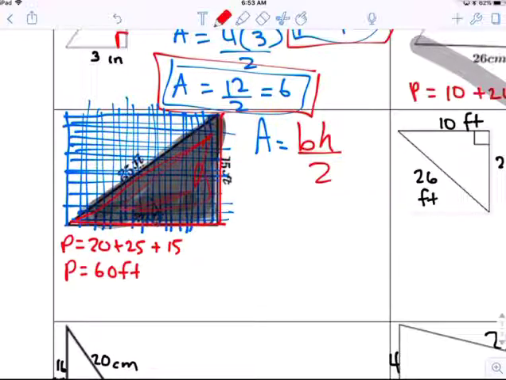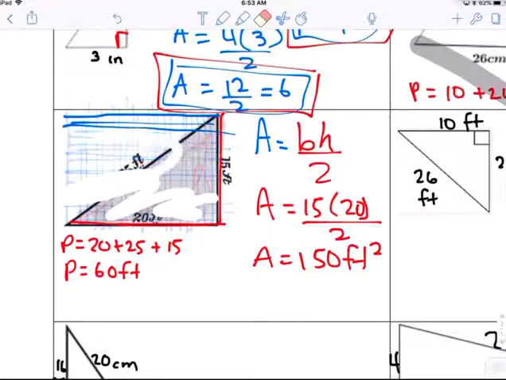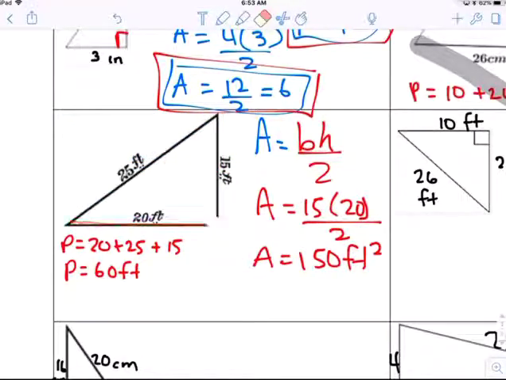Okay, so I hope you understand this more. Area equals 15 times 20, and we divide it by 2. We get 150 feet squared, because there's 150 little squares in there to make that dirt.